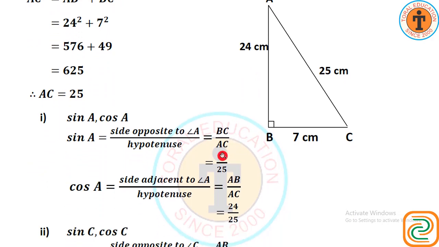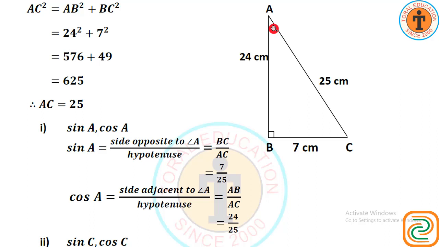So sin theta equals side opposite to angle A upon hypotenuse, right? So this is angle A, the opposite side is BC, hypotenuse is AC.